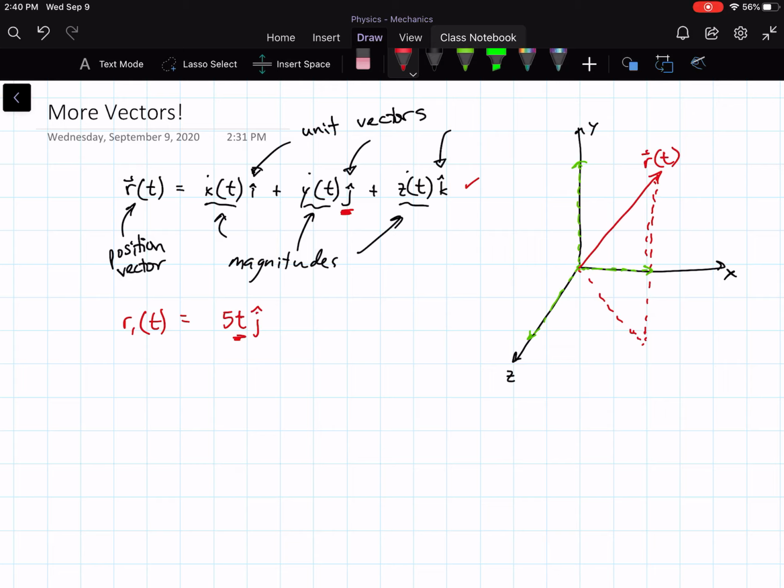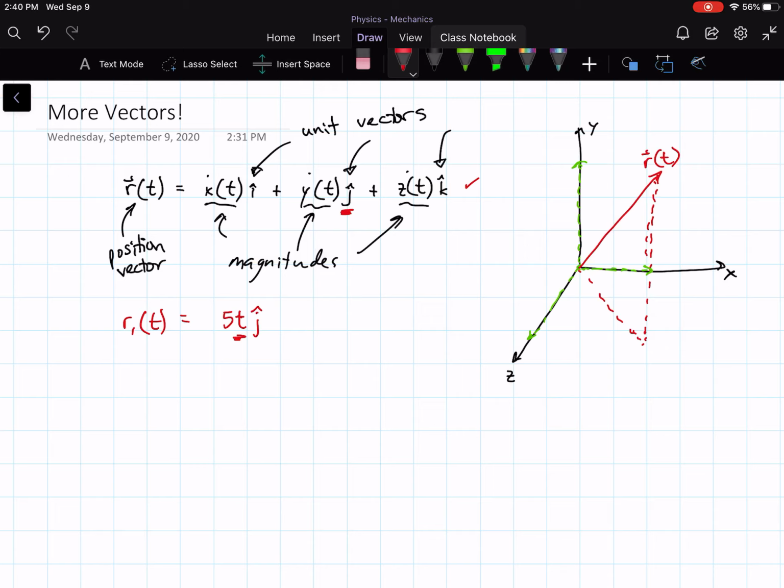So like every second that goes by, it would cover 5 meters if we're doing this in standard units, and we generally will, okay? And if you change that unit vector to an i or k, then that would indicate the x and z directions, respectively, all right?